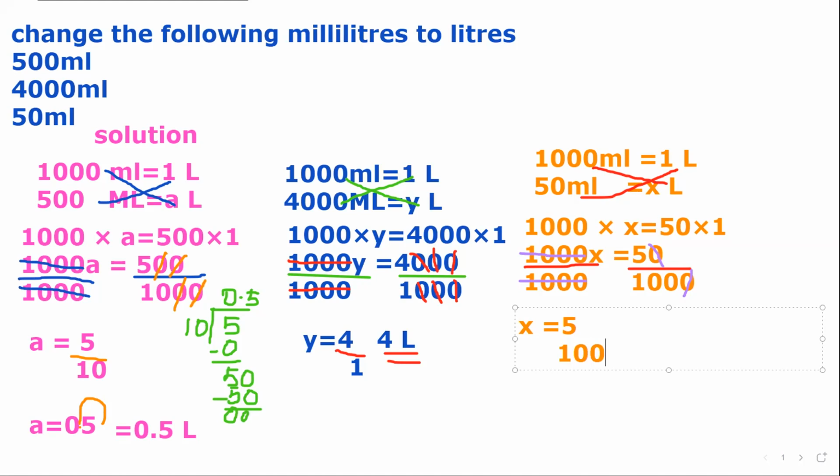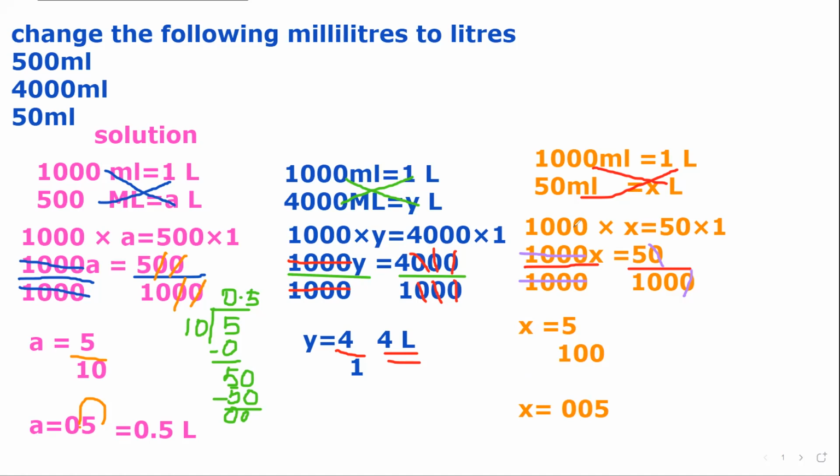Then 5 over 100, you can use the other method whereby the x is equal to, because it's over 100, you put the 2 zeros in front of the numerator, and then you make a movement, 2 steps movement from the back.